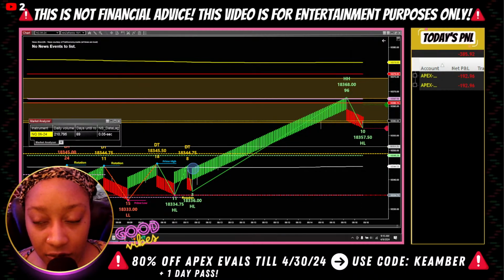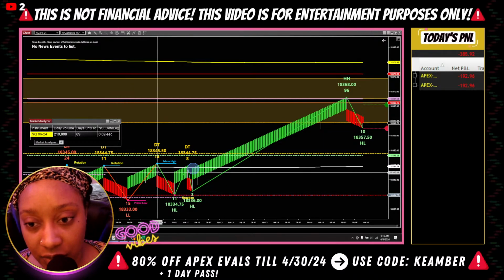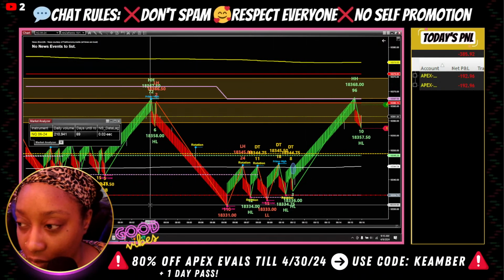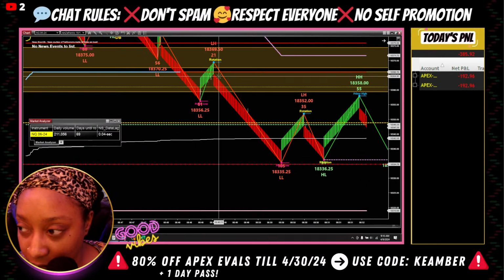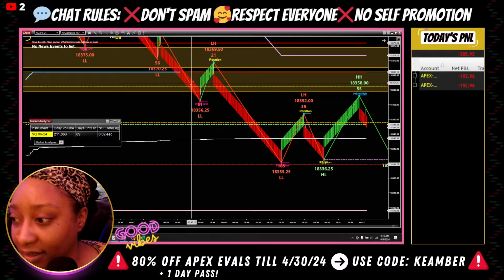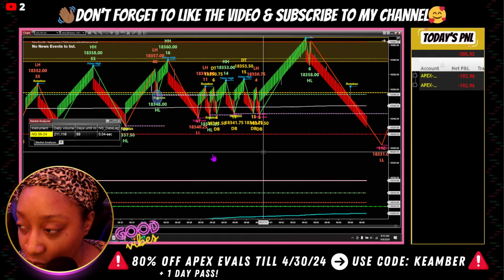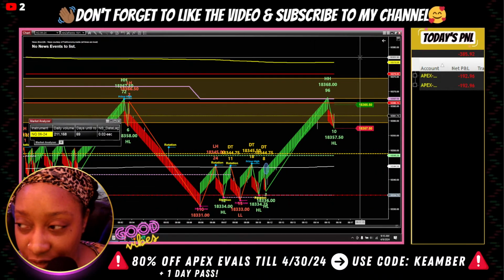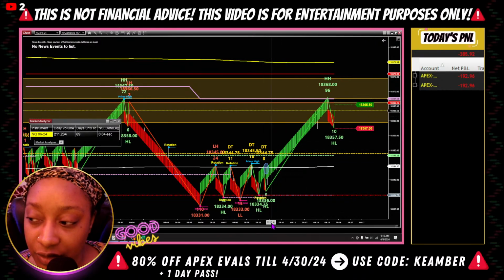This is the first zone that changed us to a downtrend. And this is how I know the market is not really trending well, because when we change to a downtrend, which we did back here, I can't see what time that is, we should move down enough to where the new zone that will change this back to an uptrend would be below the original zone that changed us to a downtrend.